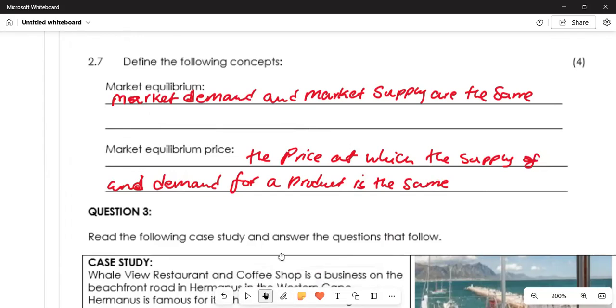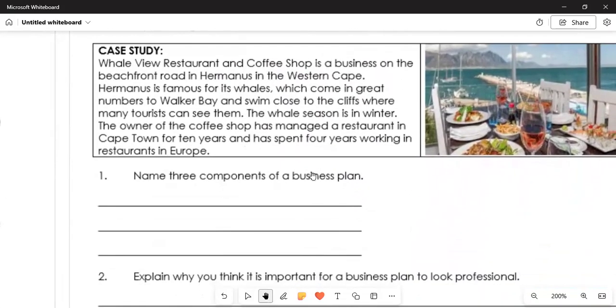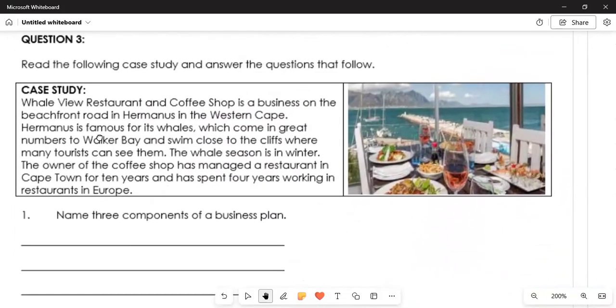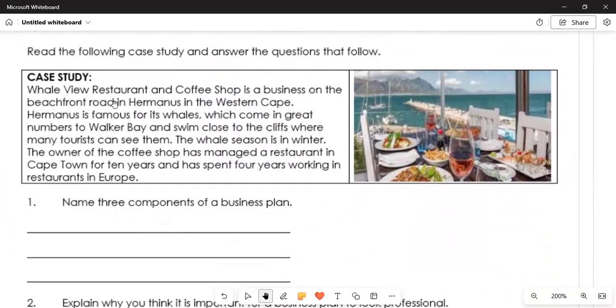Let's quickly move to question 3, where we are given a case study. Read the following case study and answer the questions that follow. Wellview Restaurant and the Coffee Shop is a business on the Benchfront Road in Hermanus in the Western Cape.